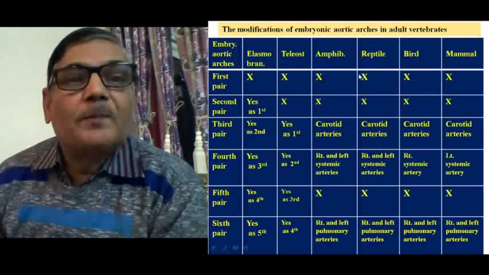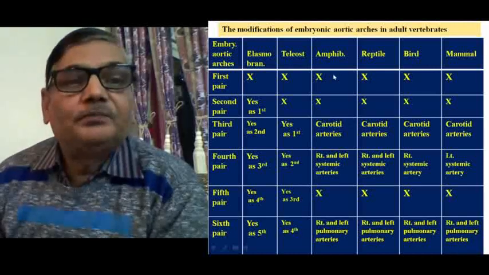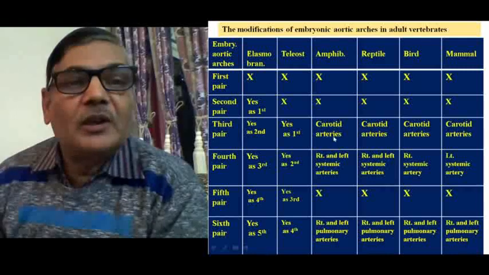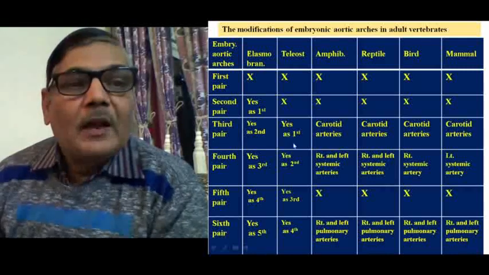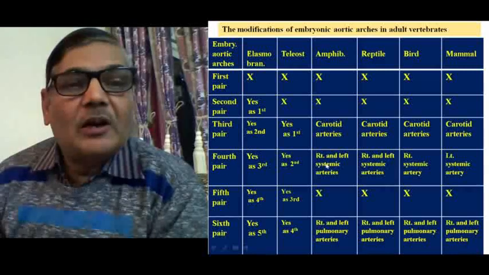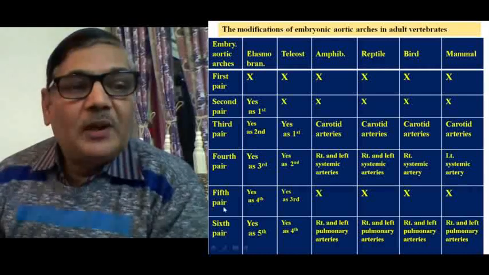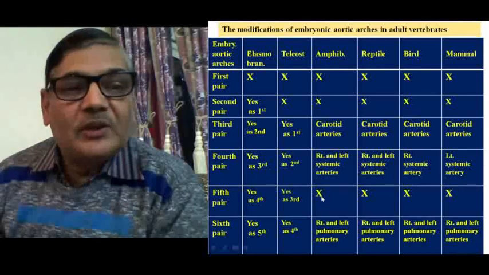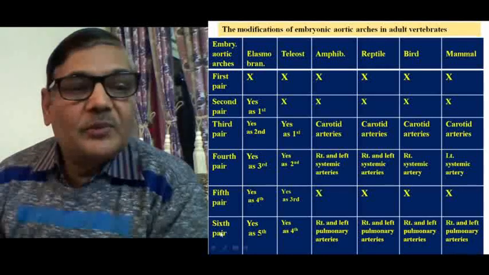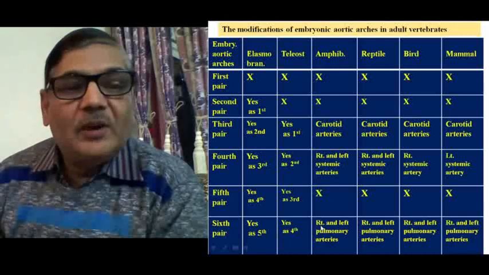In case of amphibians, the third pair of aortic arch is in the form of carotid arteries, and the fourth pair of aortic arches remains as right and left systemic arteries. The fifth pair of aortic arch in case of amphibians disappears, and the sixth pair of aortic arch remains as right and left pulmonary arteries.